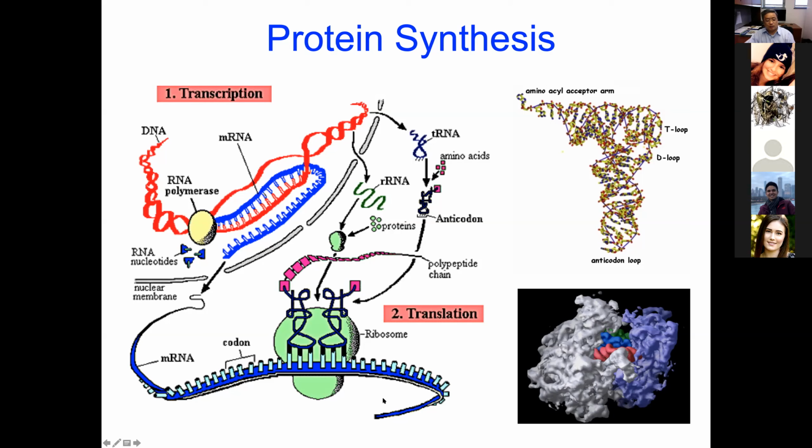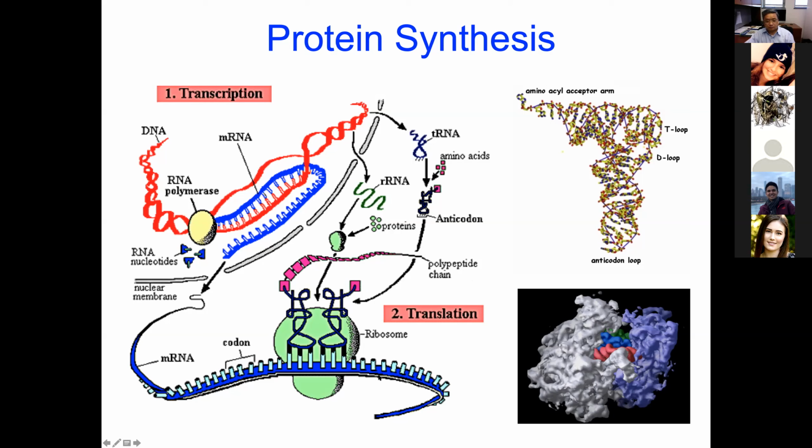The ribosome will bind to the messenger RNA. And then tRNA is carrying amino acid, and will come to bind to the ribosome. The amino acid will react with either another amino acid or with a growing polypeptide chain to form a protein. So this is the translation step.